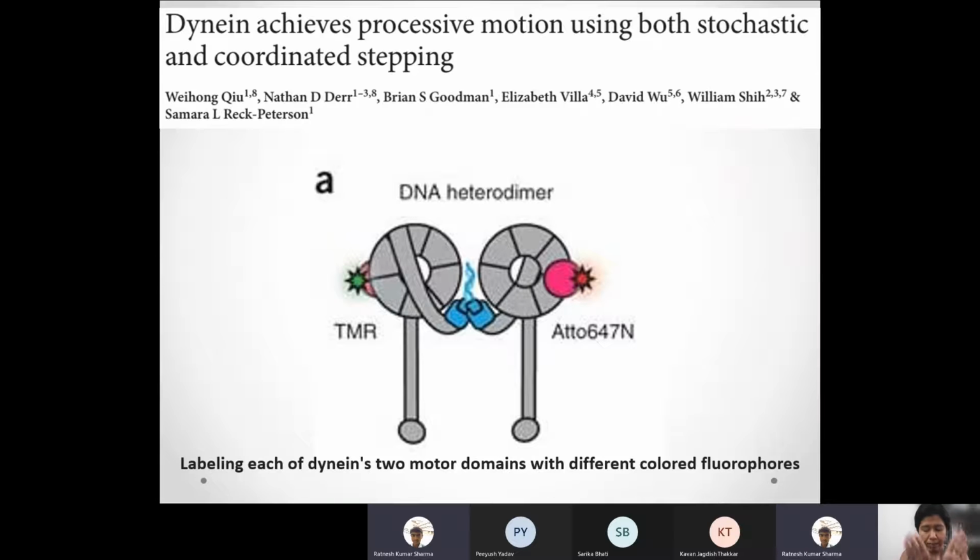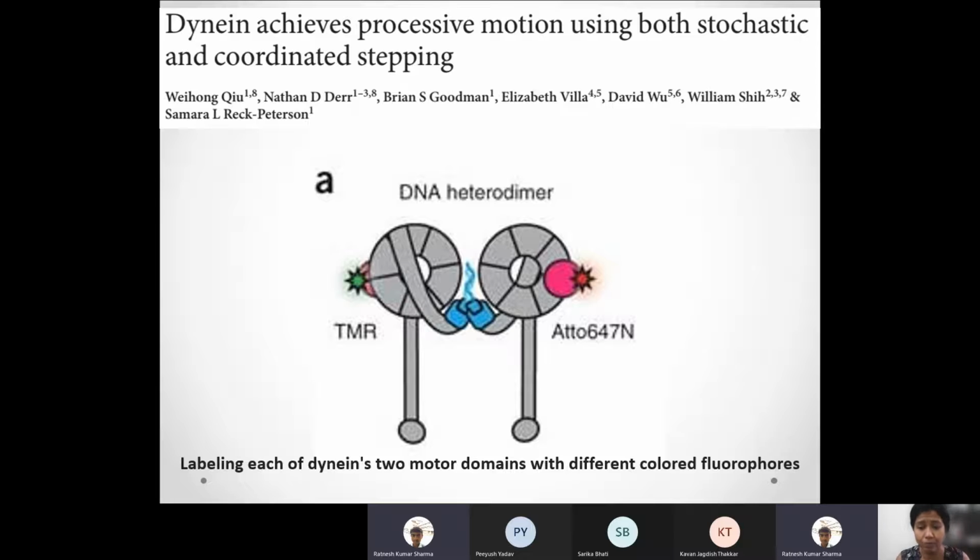And by very specifically localizing the fluorescence on the slide, they are able to measure precisely with time the position of these 2 arms. So the red arm and the blue arm, where is it positioned? That is what they have done.